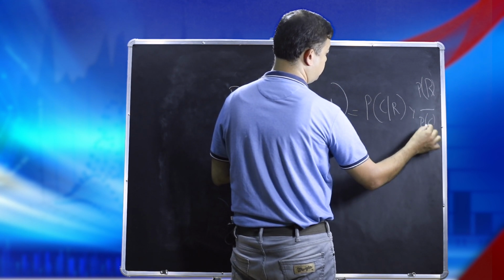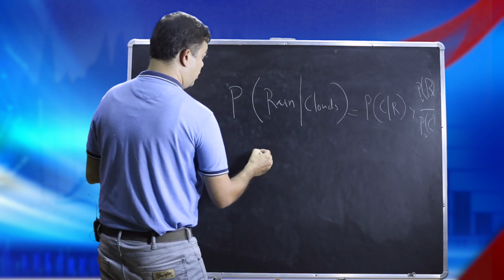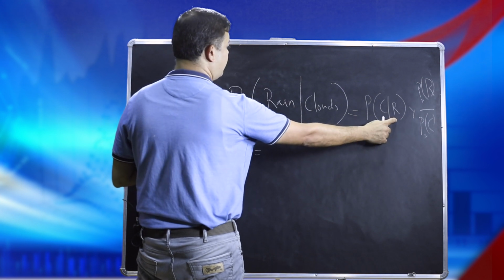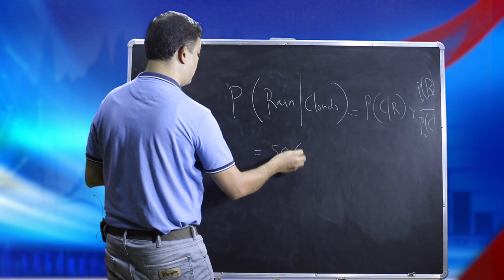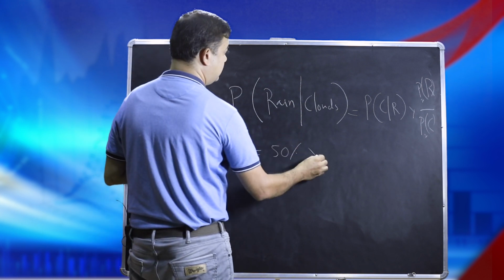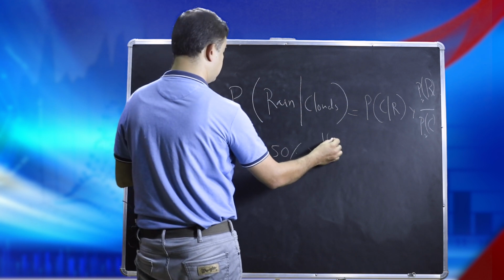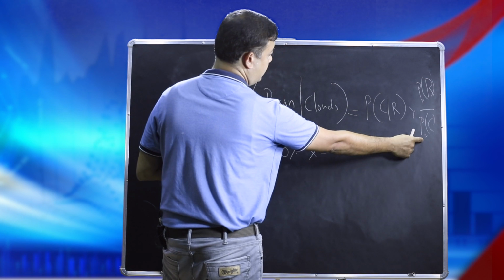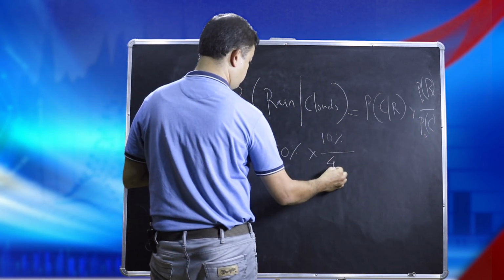Both of these are prior probabilities, while this one is the posterior probability. We know that the probability of clouds given rain is equal to 50%, because the problem clearly says so. Now multiplied by the prior probability of rain, which is also given in the problem, straight away it is 10%, divided by the prior probability of cloud, which is also given straight away in the problem, that is 40%.